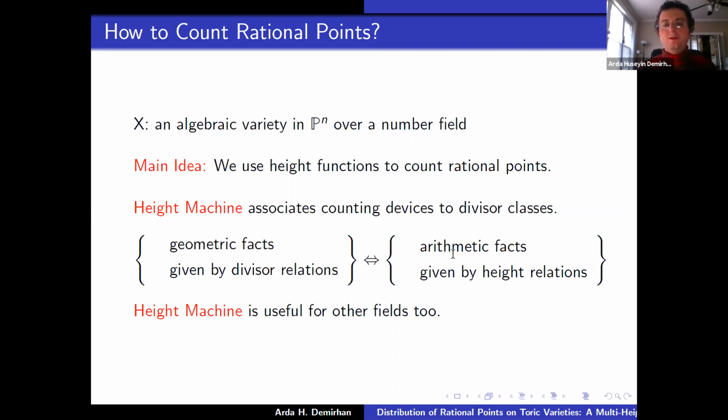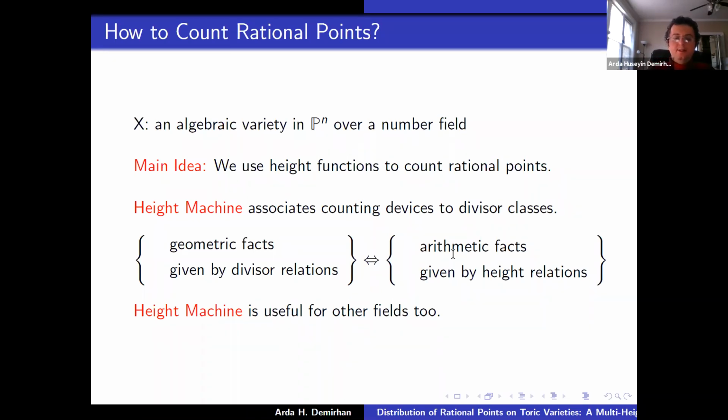For example, there is a theory of heights over function fields. In fact, Arakelov geometry introduces special metrics. In Arakelov geometry, we define extended divisors, which entirely reconstruct the height theory in a geometric fashion.